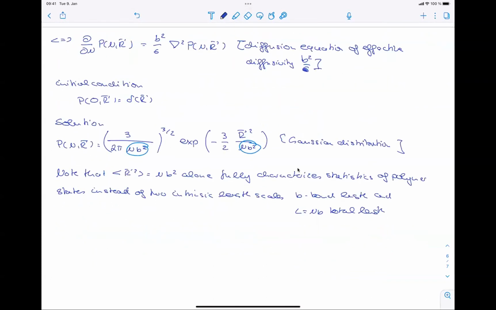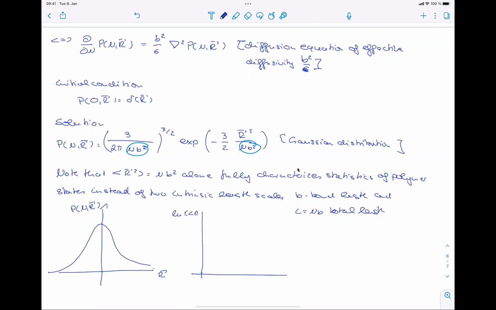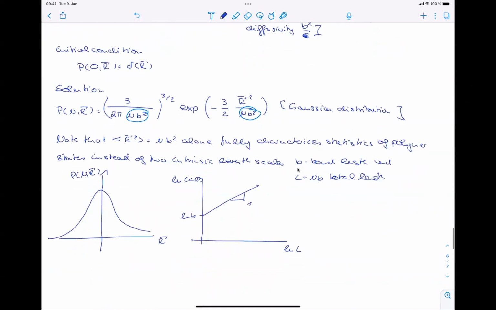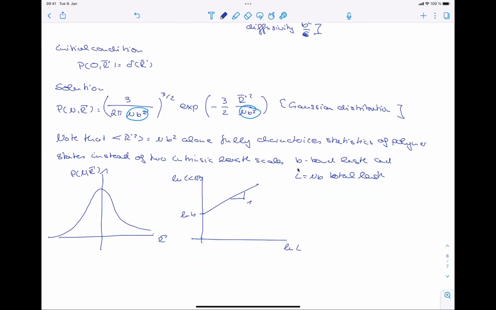So what does it mean? Graphically speaking, we find that the probability distribution of the end-to-end distance vector is a Gaussian, and also that the mean end-to-end distance squared scales with the length of the system, N b, L and b, with a slope of 1.